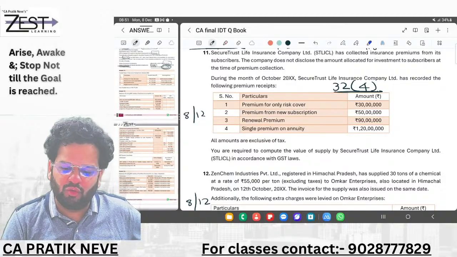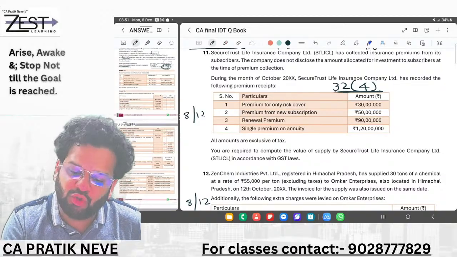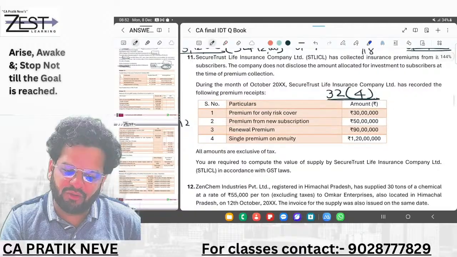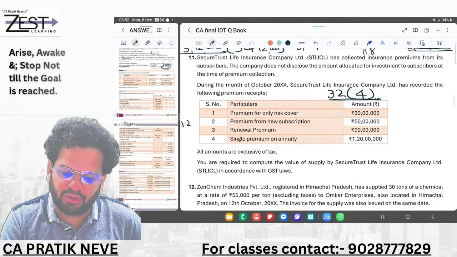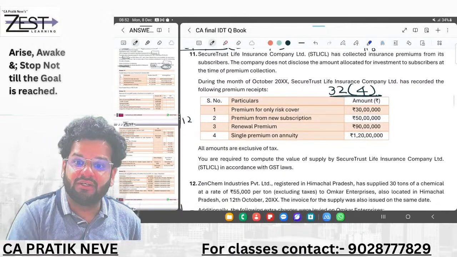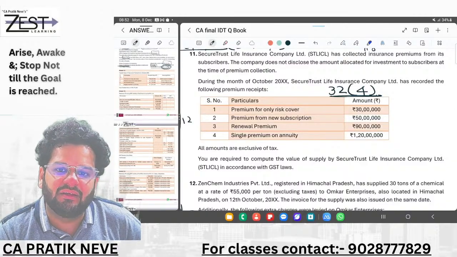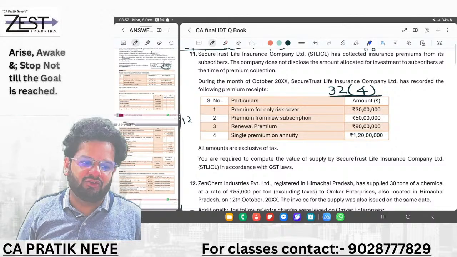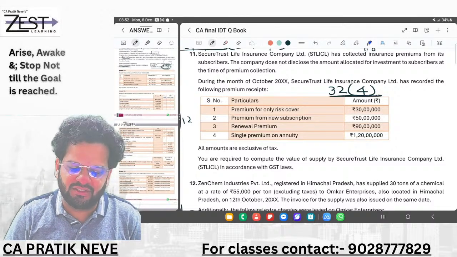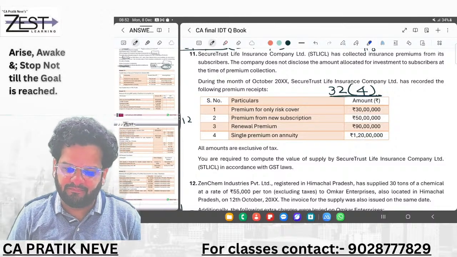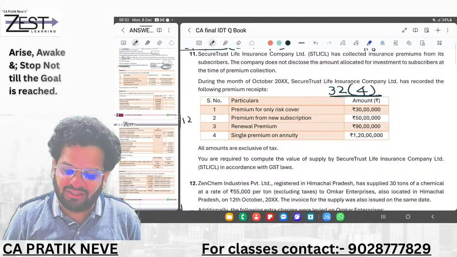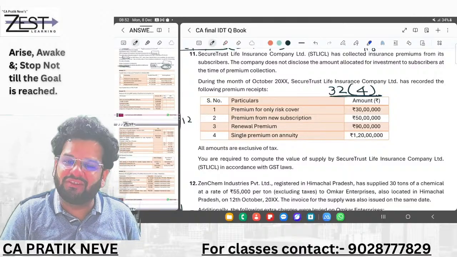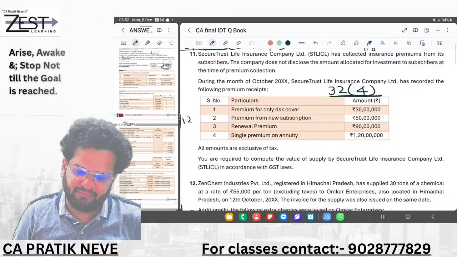Okay. So we'll do one thing. We'll do the question, but only one question, and you give least importance to this. Because if something is exempt, there is no question of GST on that. So why will you calculate value? Isn't it? So chances of this being asked is very less.